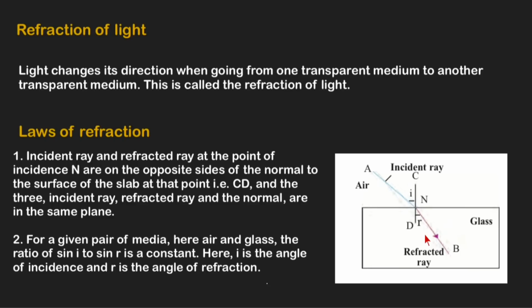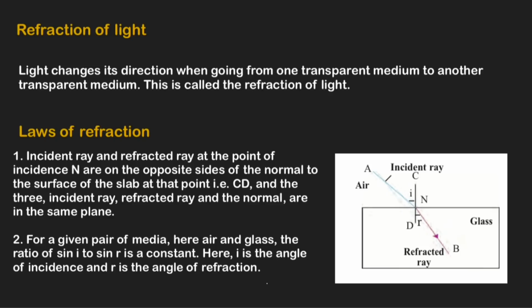The incident ray and refracted ray are on opposite sides of the normal. And the three, incident ray, refracted ray and the normal, are in the same plane. We can clearly see that incident ray, normal and refracted ray are in the same plane.